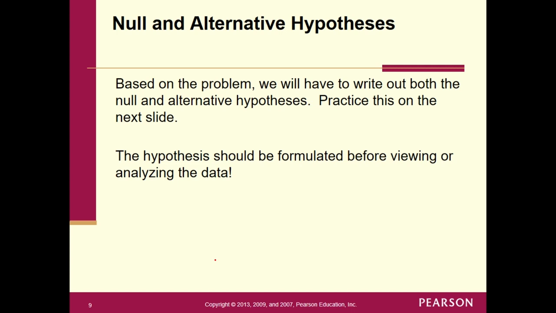The researcher should state the hypotheses first, go collect the data, and then run through the hypothesis test. You don't look at the data and then formulate your hypotheses. That's backwards. You state your hypotheses first, collect your data, and let's see what the random sample says about the claim the researcher has made.